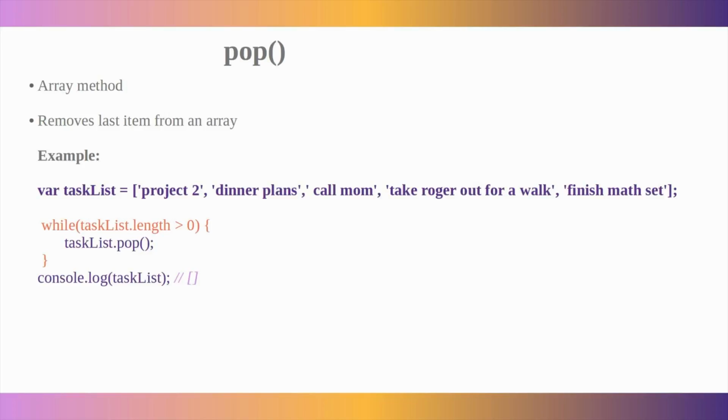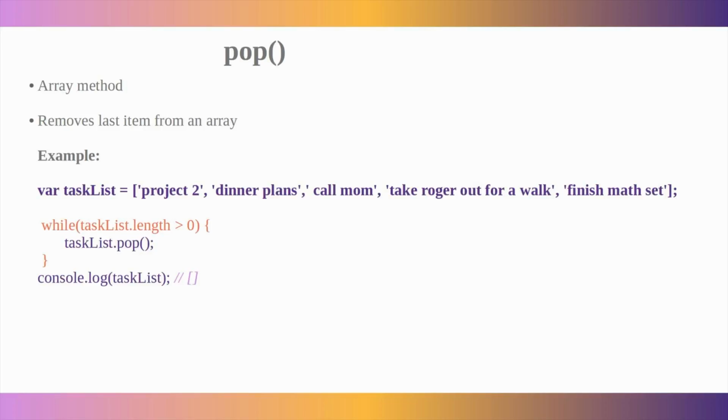In this example, the condition is while task list.length is greater than 0. In other words, while the number of items in the task list array is greater than 0 and it has items, we will keep calling the pop method, which will keep removing the last item of the array till there is nothing left to remove or pop.